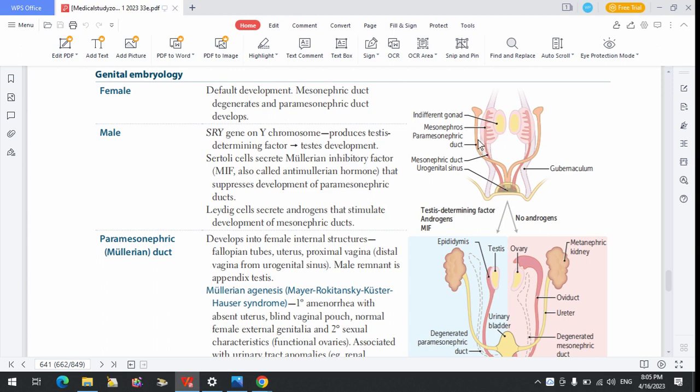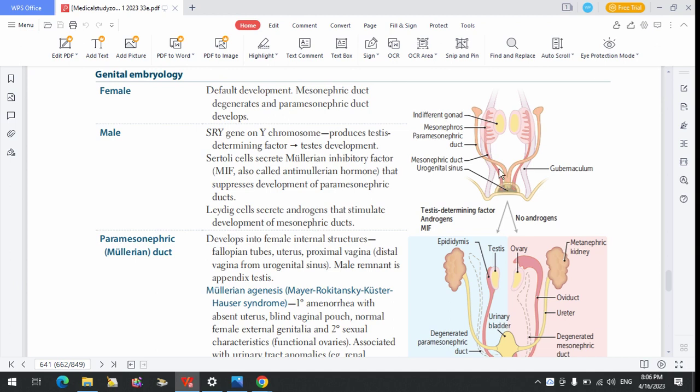Another name for the paramesonephric duct is the Mullerian duct. Because the Mullerian inhibitory factor, or the anti-Mullerian hormone, is going to cause degeneration of this paramesonephric duct, they will degenerate. So it is only the mesonephric duct that will persist and form the internal duct structures in the male.